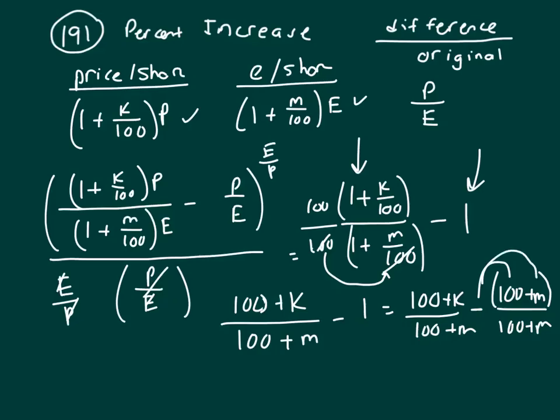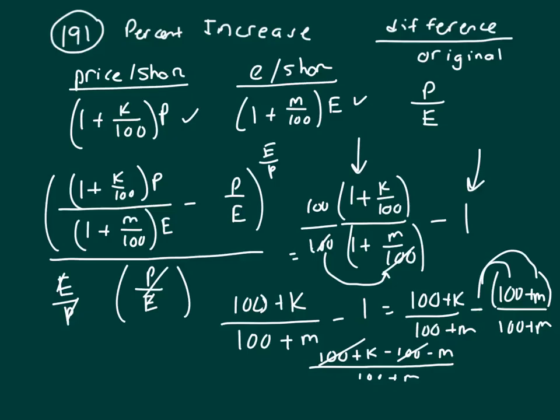That's going to be 100 plus K minus 100 minus M over 100 plus M. And these cancel out.